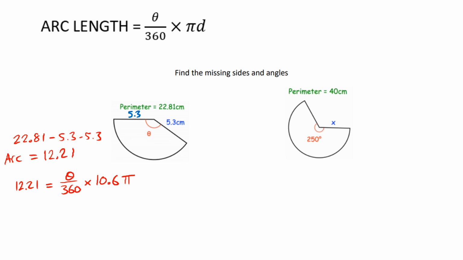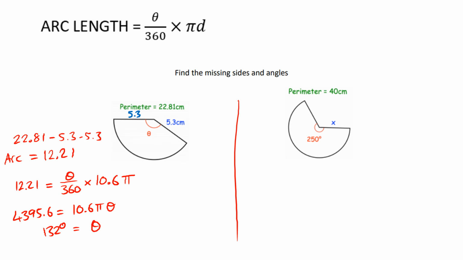It's going to be a decimal, but a decimal that we can handle. And then we'll divide across by that 10.6 pi. And we'll get ourselves to theta is 132 degrees. It's like 131.99, but I think we can round that up.